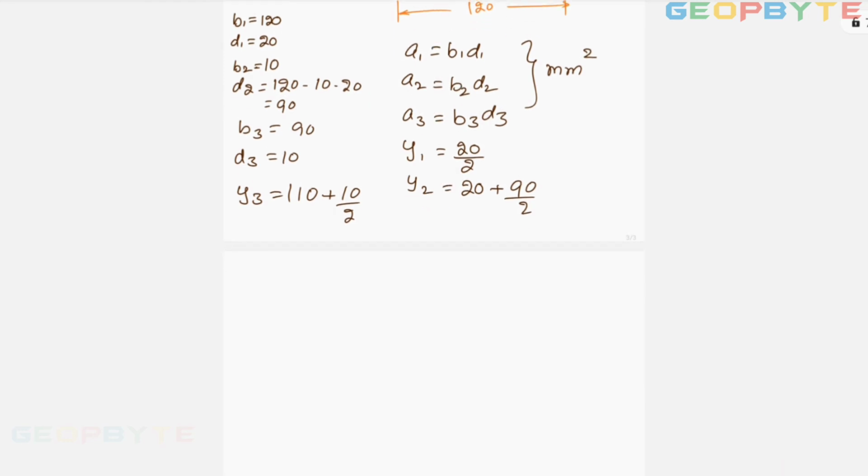Then you can find the y bar. I know you can find it. A1 y1 plus A2 y2 plus A3 y3 divided by A1 plus A2 plus A3.